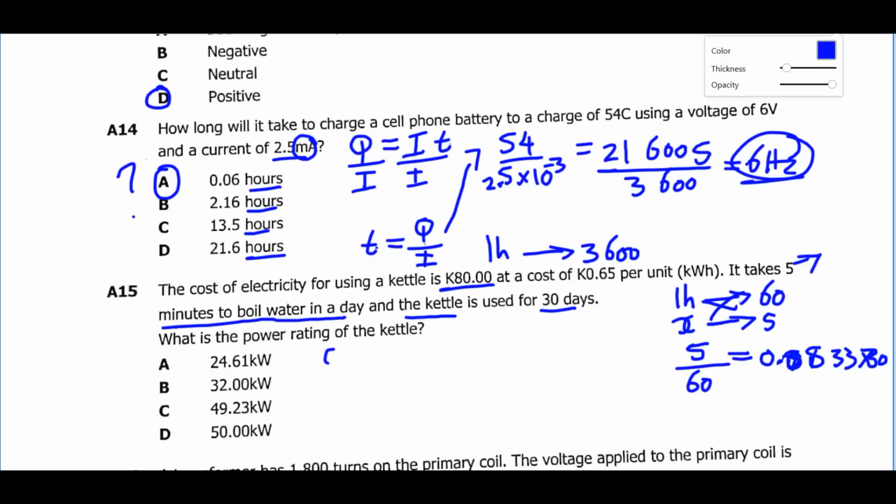So I'm going to say cost is equal to power times the time times the cost per unit. What are we solving for? We want power. The cost is 80.